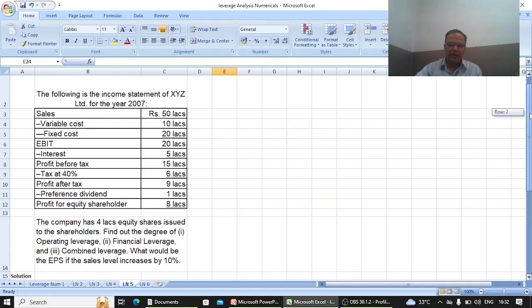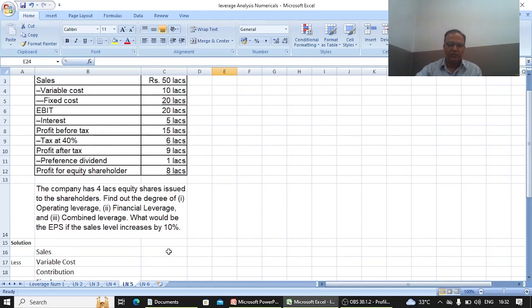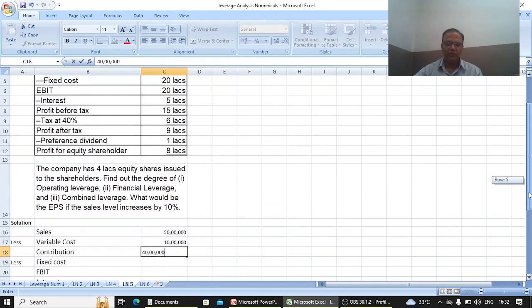Sales 50 lakh, variable cost 10 lakh, fixed cost 20 lakh.